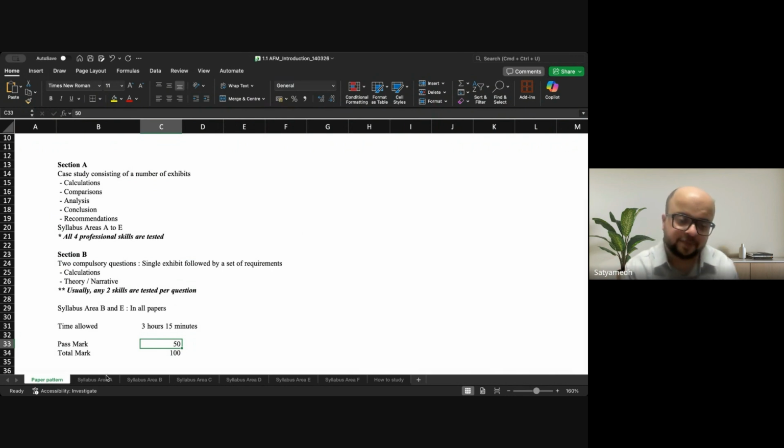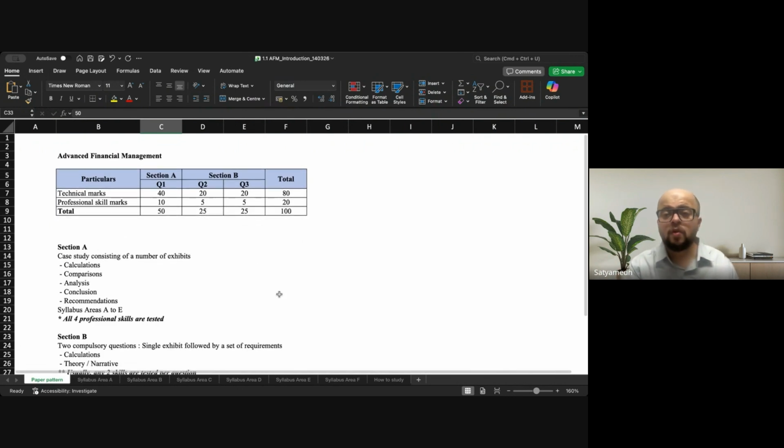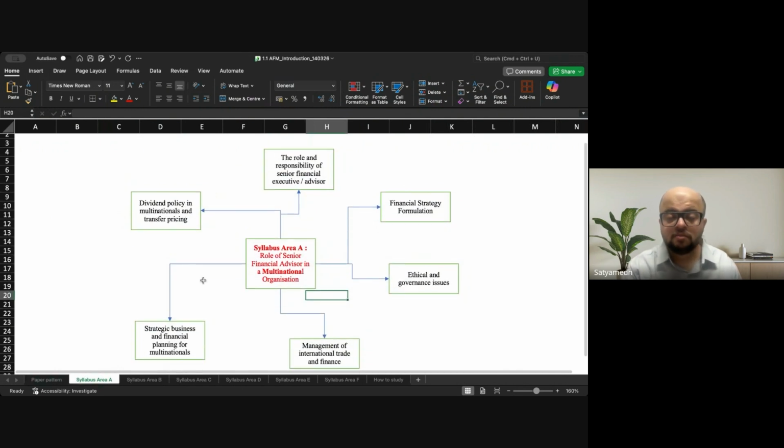Okay. Now, what topics or what areas are there in our syllabus? Syllabus area A, role of senior financial advisor in a multinational organization. Basically, from a strategy perspective, what is the role of the finance director? How do you formulate the financing policies? What are the ethical and governance issues, aspects of international trade, strategic business decisions, and dividend policy?